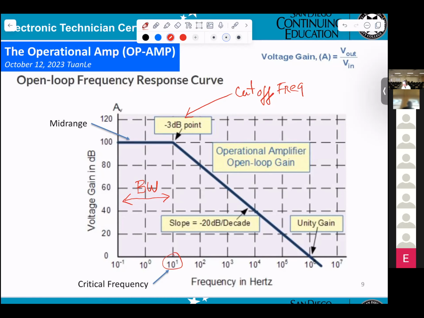So basically, if you are on this one here, you know the gain is 100 decibels in dB. However, the bandwidth will be very, very small. Now, if I want a higher bandwidth, I say I want this one.